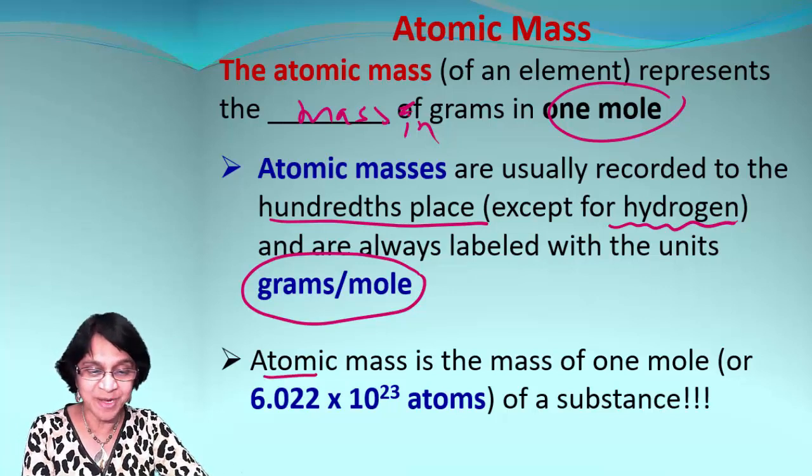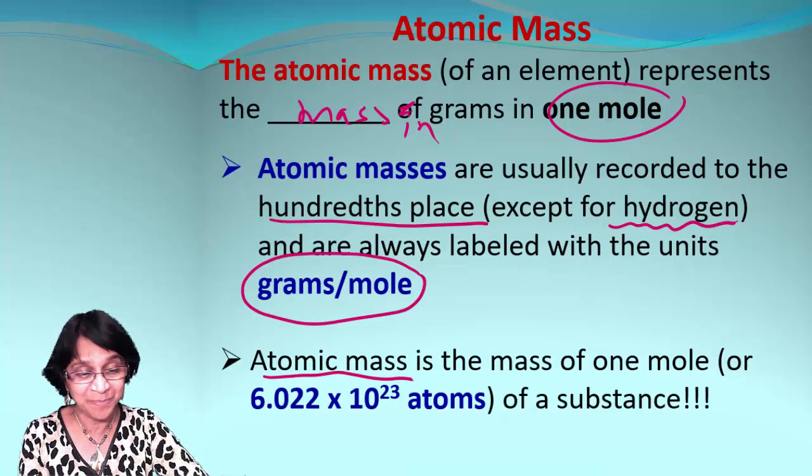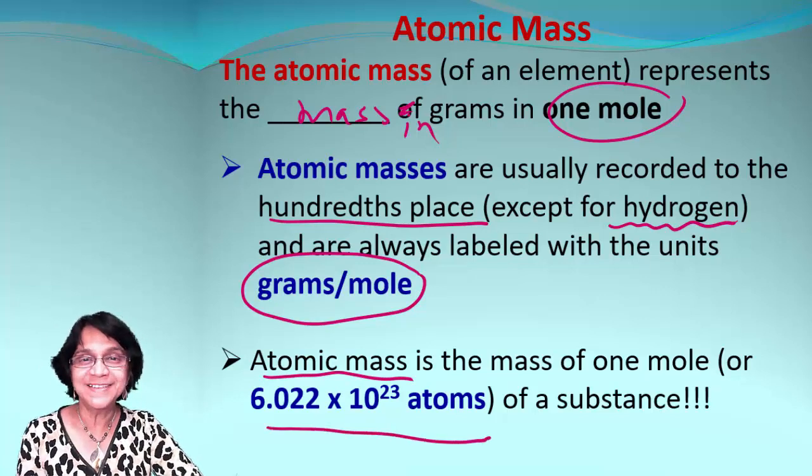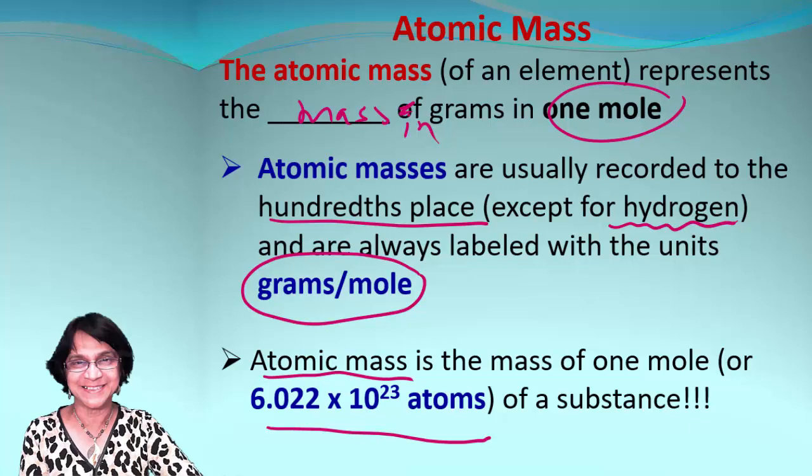Also, the atomic mass is the mass of 1 mole, but that means how many particles we got, which is the big fat number, Avogadro's number, 6.022 × 10^23 atoms.